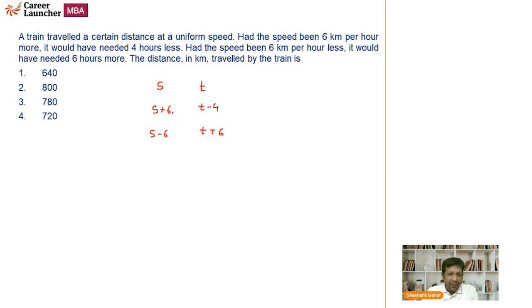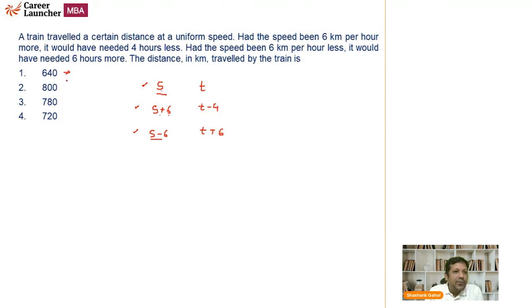And in all the cases, distances are the same. So if you see, between s minus 6 and s, there is a difference of 6. S and s plus 6, there is a difference of 6, right?